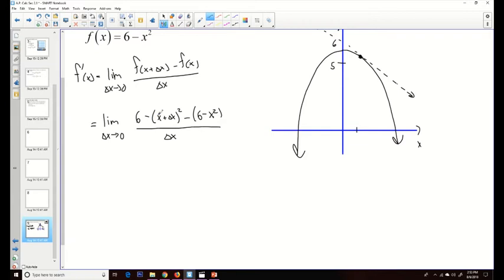So we want to simplify if we can. And again, we're trying to cancel out that delta x on the bottom so we don't have an undefined. We still have not evaluated the limit, so we need to write it.